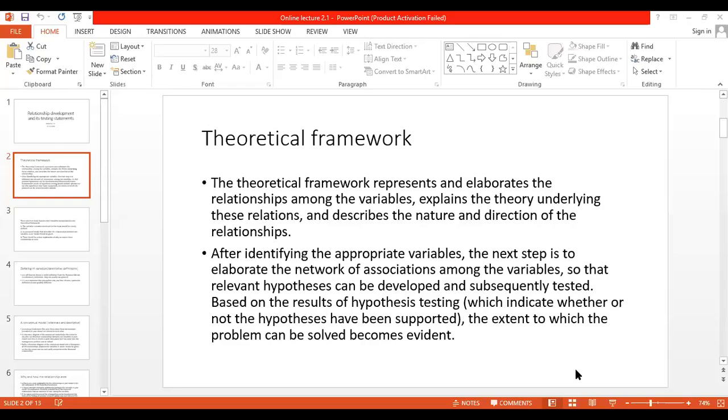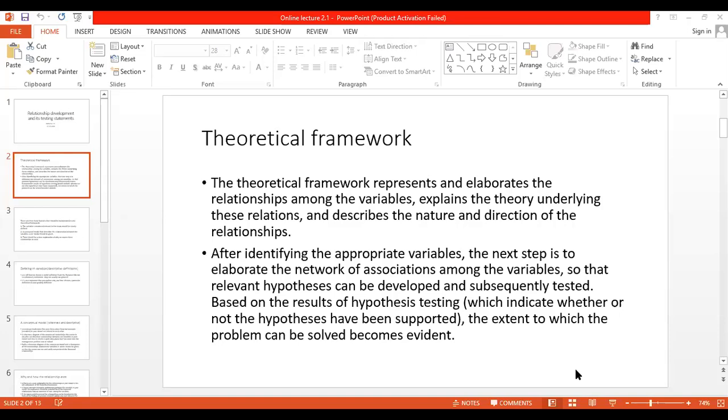Let's move on to another screen, which was our theoretical framework. So we have understood the concept of theory, and why theory is important. Theory is required to develop any conceptual model. And what is a conceptual model?